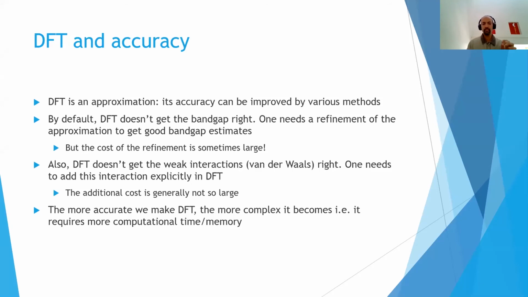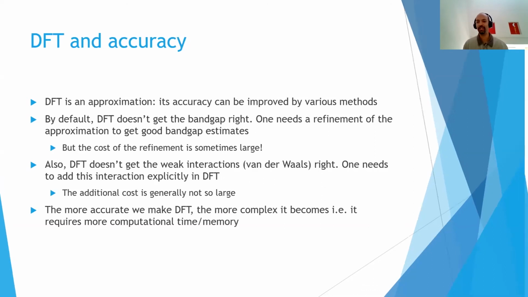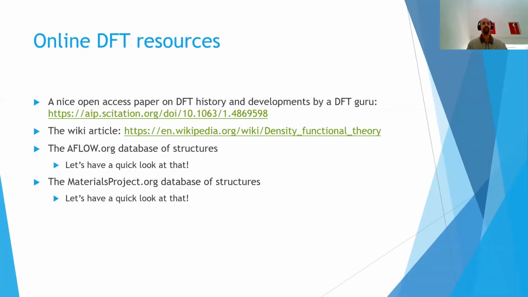To make DFT more accurate, it becomes more complex and requires more computational time and memory. So if you're a semiconductor person and you want an accurate band gap, just be patient with your DFT collaborator.